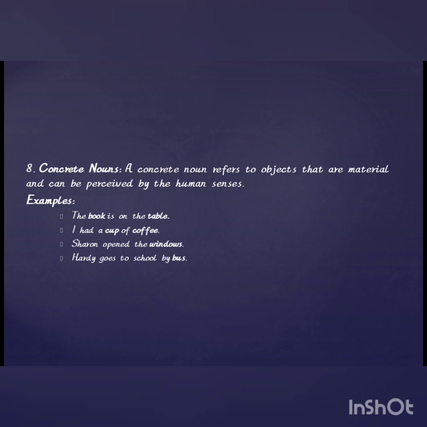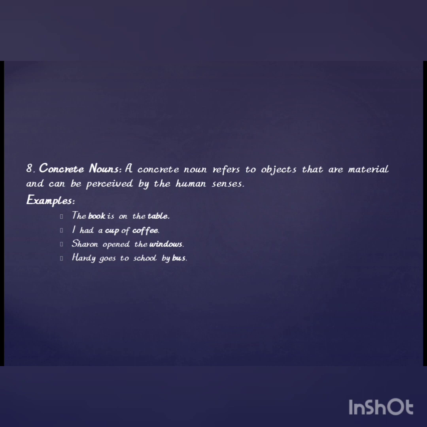Coming on to the next slide, as we were discussing concrete nouns and abstract nouns, we are going to see all those things now. A concrete noun refers to objects that are material and can be perceived by human senses. In simple terms, it has a physical existence and could be felt by our senses, by a human being's senses.